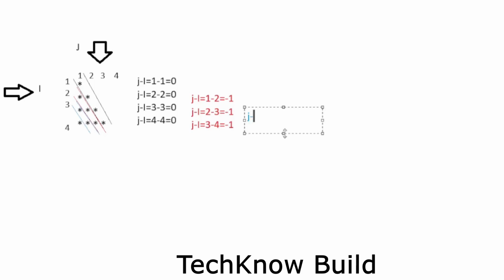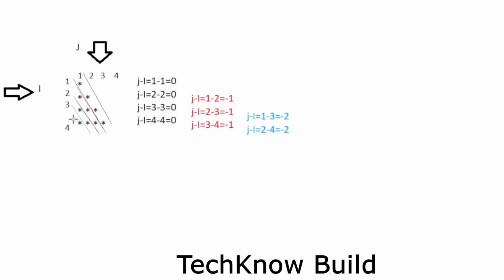For the first star j is 1 and i is 3, that will be 1 minus 3, which is minus 2, and in the second, that will be 2 minus 4, that will be minus 2.